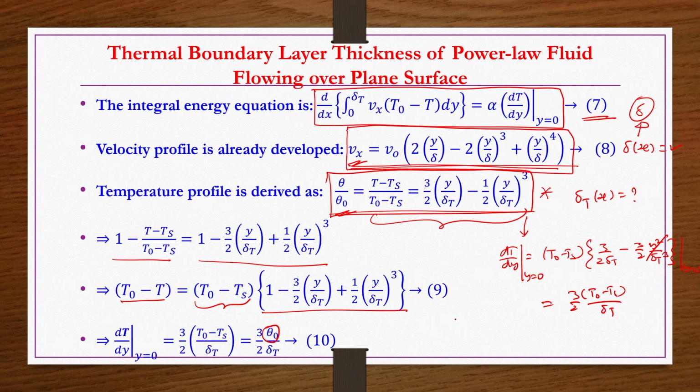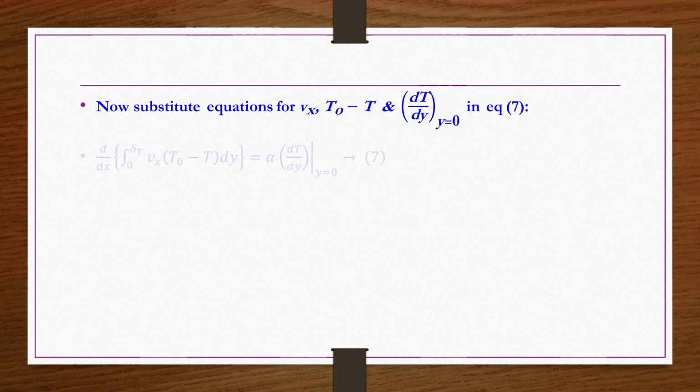Now, in order to substitute in and simplify equation number 7, we need Vx, T naught minus T, and dT by dy at y equals 0. All of them we have got now, by equations 8, 9 and 10. We are going to substitute equations 8, 9, 10 in equation number 7 now, right.